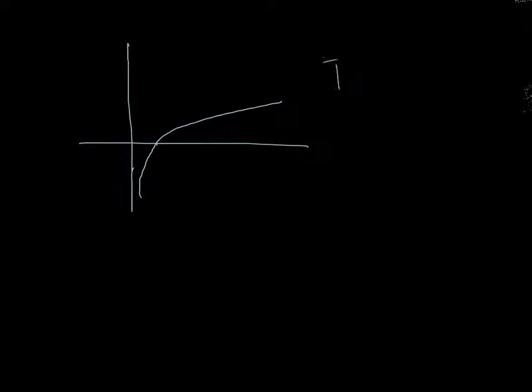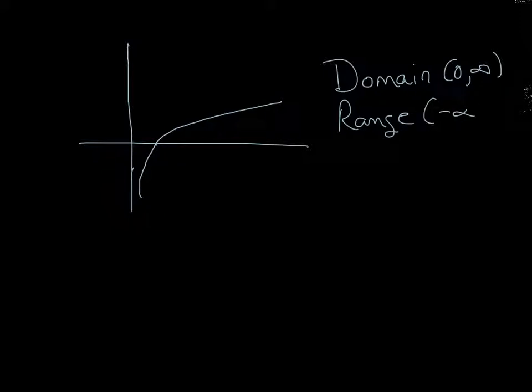I want to think about some properties of the natural log of x. We learned last year that the natural log of x looks like this function. Its domain is from 0 to infinity. Its range is negative infinity to positive infinity. Notice it's going to keep increasing slowly, but it keeps increasing.